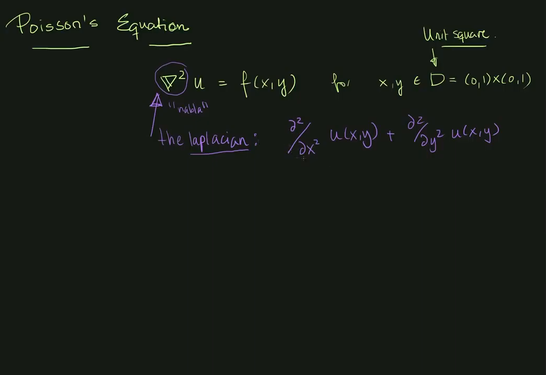So this thing is exactly equal to this thing here, nabla squared u of x, y. So no need to get too scared of this notation, and whenever you see this upside down triangle, this is what it means. Those of you who work with physics probably know it quite well already.